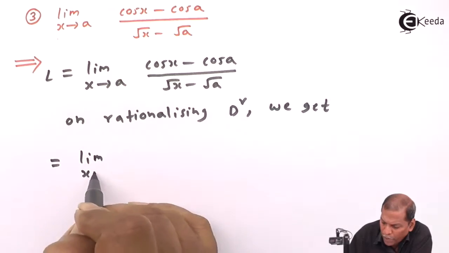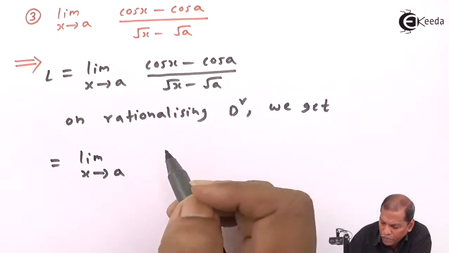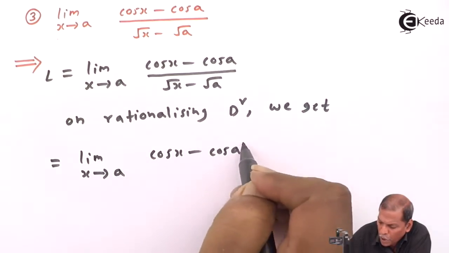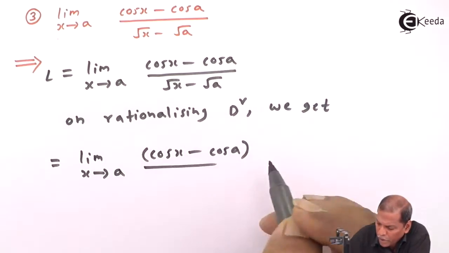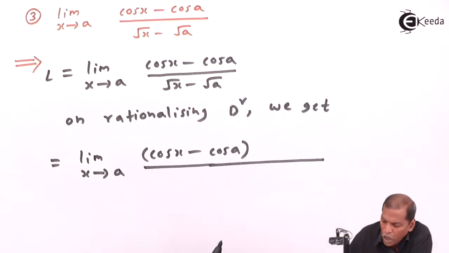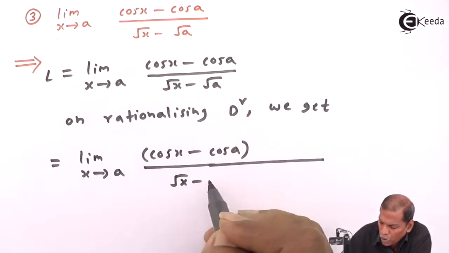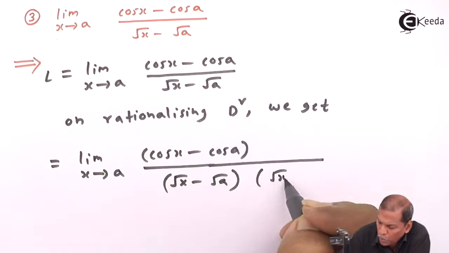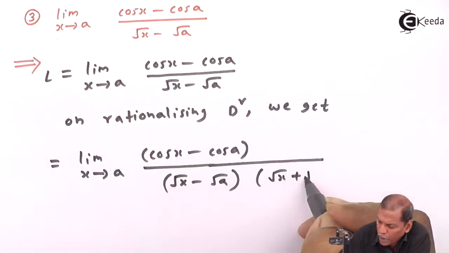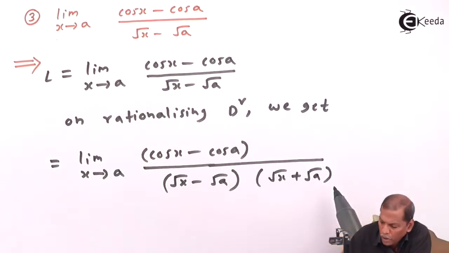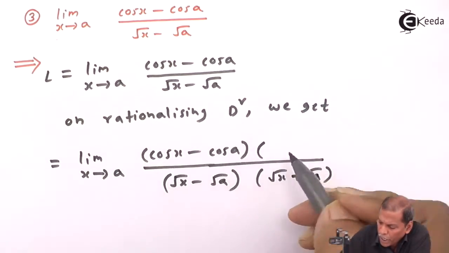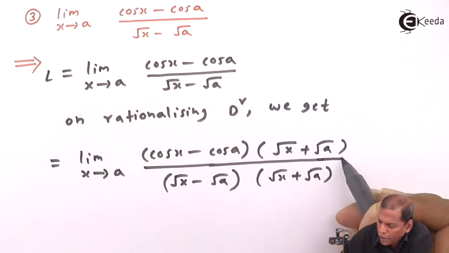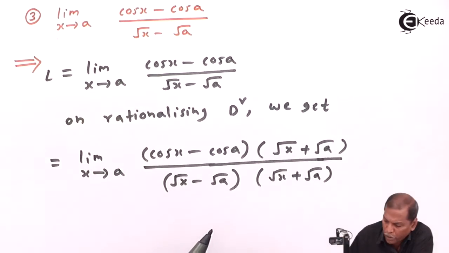L is equal to limit x tends to a, cos x minus cos a in the numerator upon (root x minus root a) into the rationalizing term, root x plus root a, in the denominator, and we write the same term, root x plus root a, in the numerator.